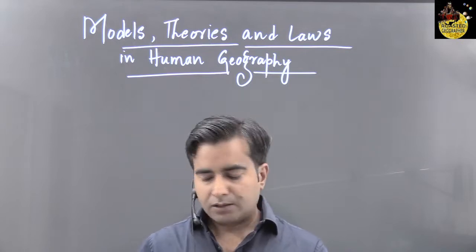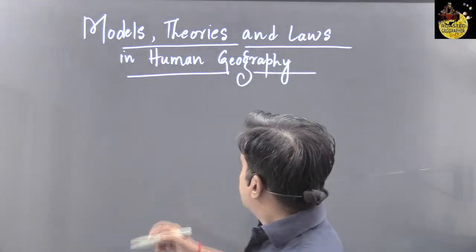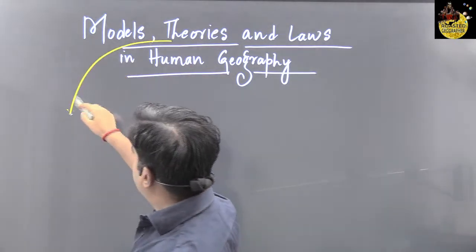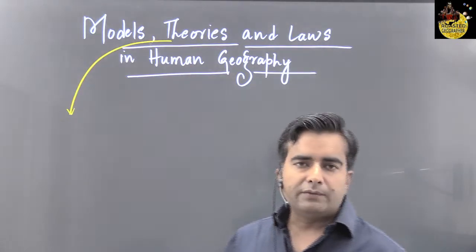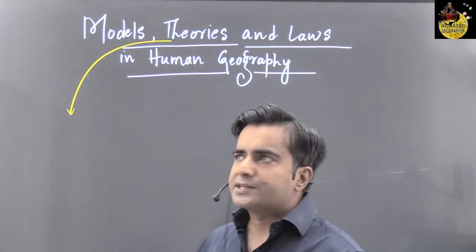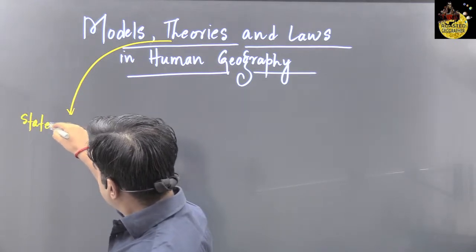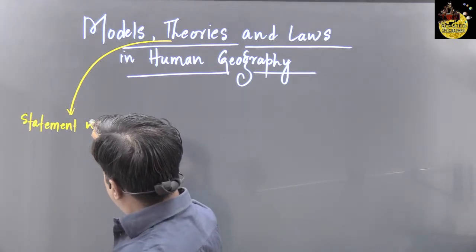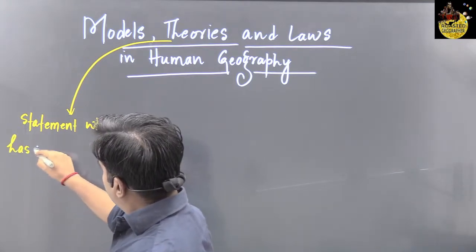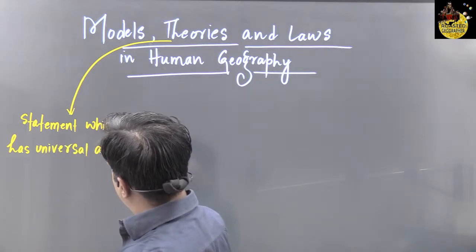So models, theories की अगर हम बात करते हैं, theories are simply what? If we look at theory, this is a statement. When we call something a theory, it means that it is a statement which has universal applicability, universal acceptability.